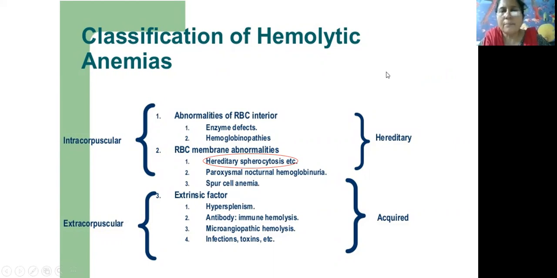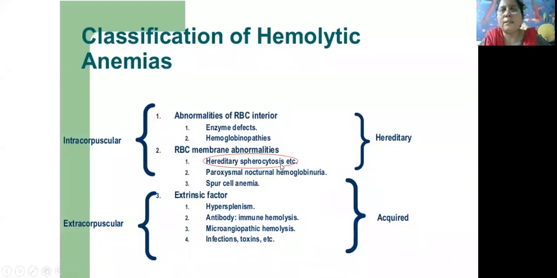Hemoglobin, lipid membrane, and protein. Membrane, then hemoglobin, then one more. Enzyme. Okay. Membrane and cytoskeleton contain hemoglobin and enzyme. Very good.